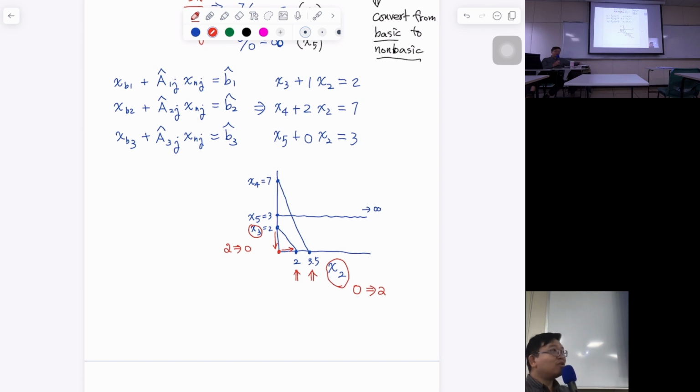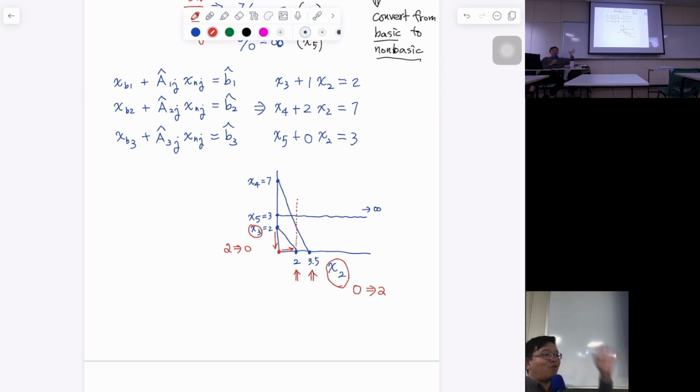Do I care about what are the values for the rest? Yes, of course, you can plug in and then figure out what are the values when X2 increases. X5 remains 5, X4, you can plug in the number and then figure out what X4 becomes.